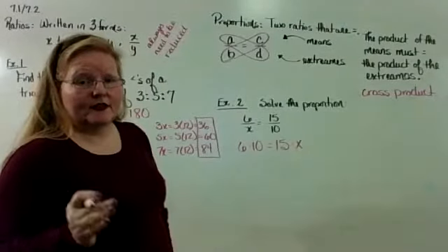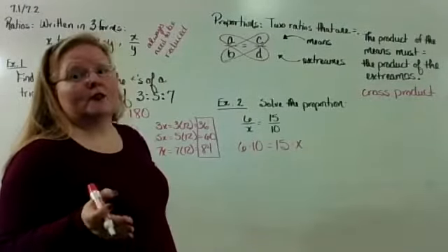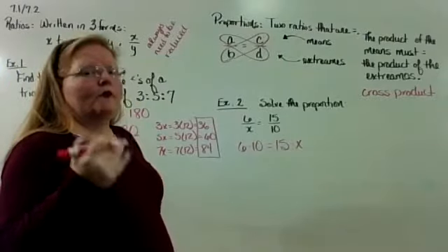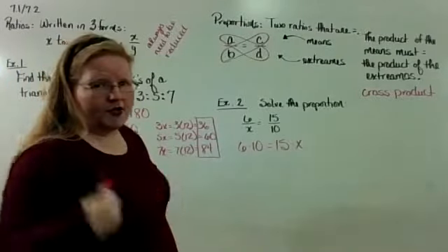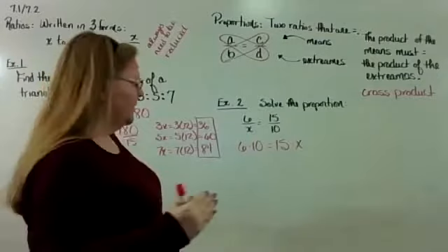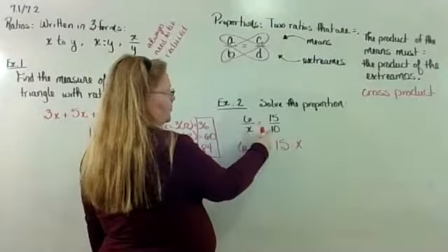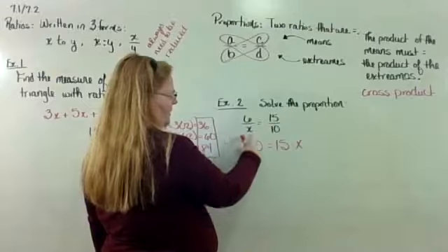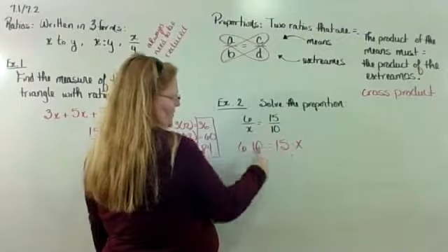Now, there is nothing that says that you have to do it this way, okay? But Miss Rogers tends to always put the extremes on the left-hand side and the means on the right-hand side.